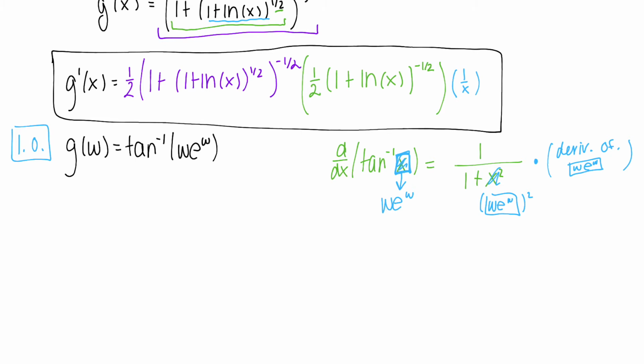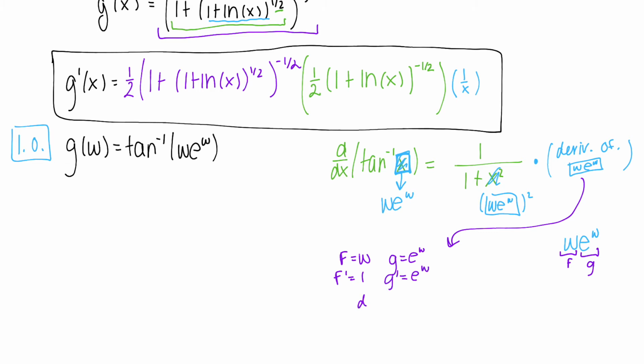So we are going to need the derivative of w e to the w. That's going to happen, and we can do that down here since we know it's going to happen. This is our f. This is our g. f is w, f prime is 1, g is e to the w, and g prime is e to the w.